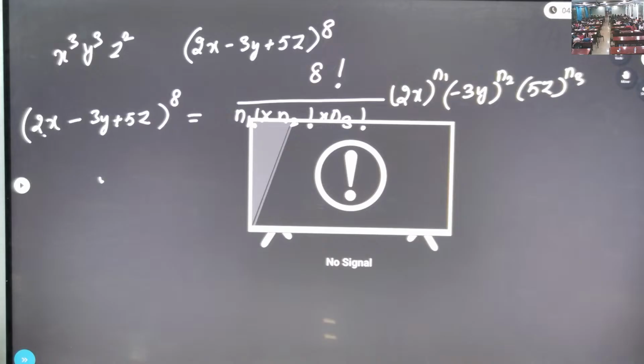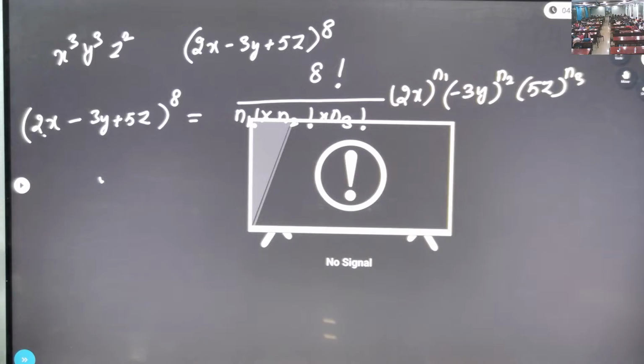So when you are writing 2x power n1, that n1 has to be powered with 2, and at the same time it has to be powered with x. If you are writing minus 3y, n2 has to be powered with y, and n2 has to be powered with 3, that is minus 3. If you are writing n3, that n3 has to be powered with 5 and n3 has to be powered with z also.